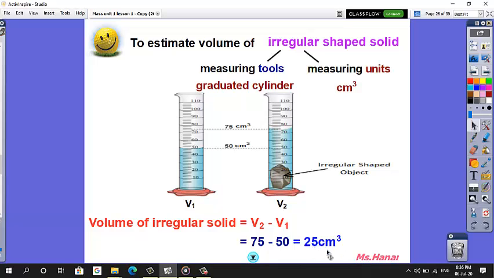The volume of a regular solid like a stone is measured by these units, cubic centimeter. I think this last one is easy, but take care of these problems because any exam has one of them.